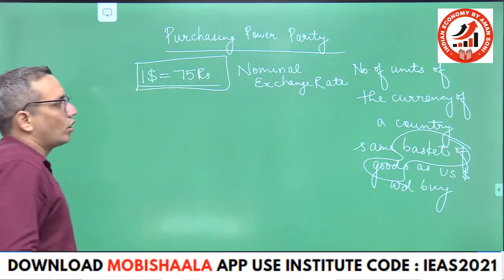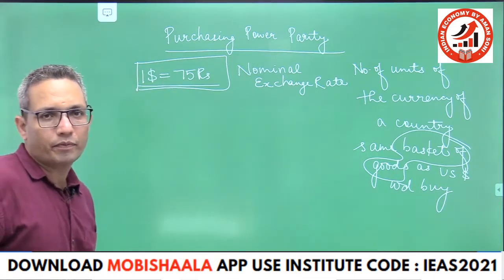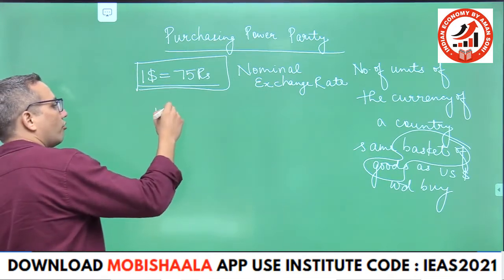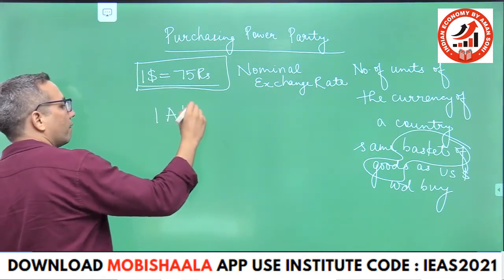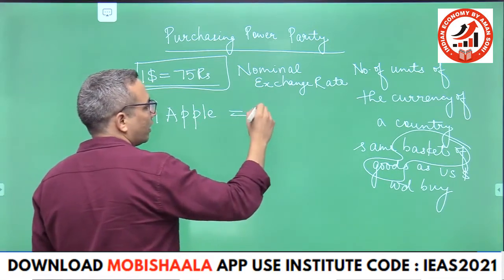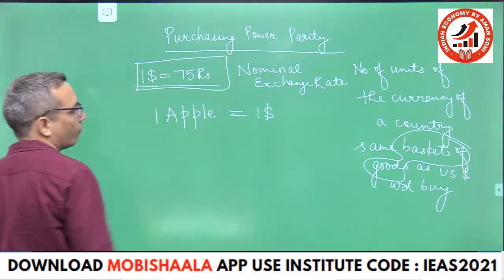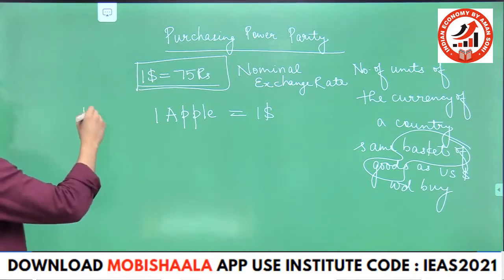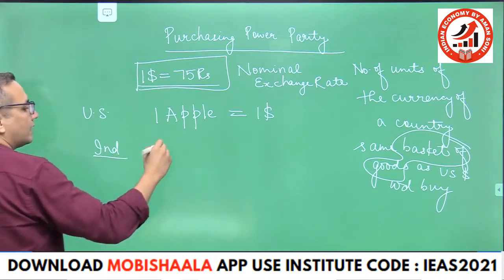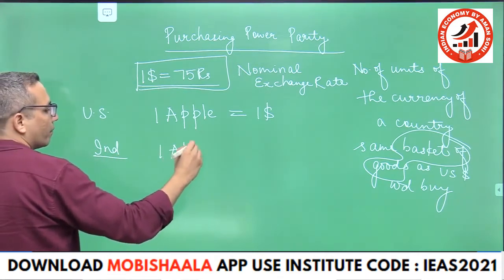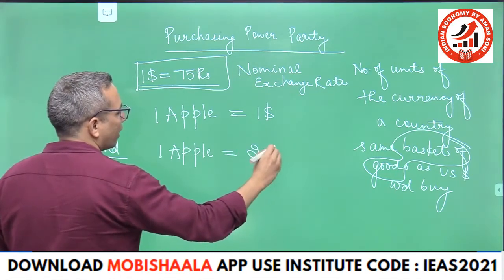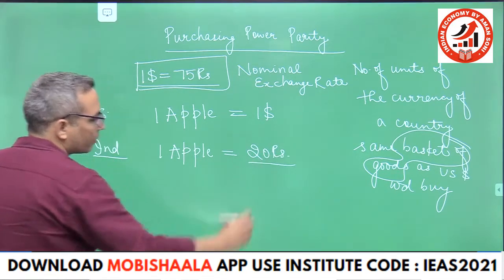Now, suppose the price of one apple in the US is $1. And to buy the same apple in India, we are paying 20 rupees.